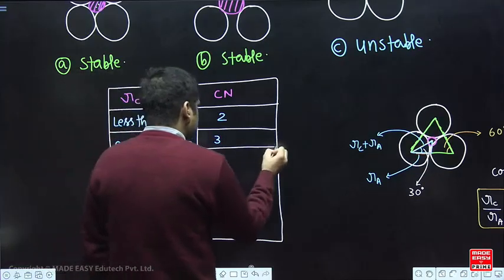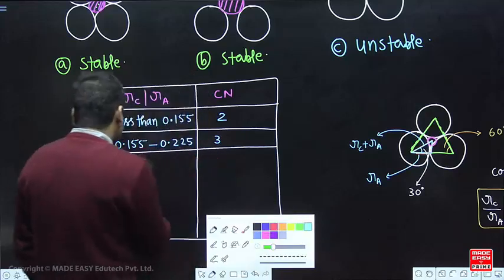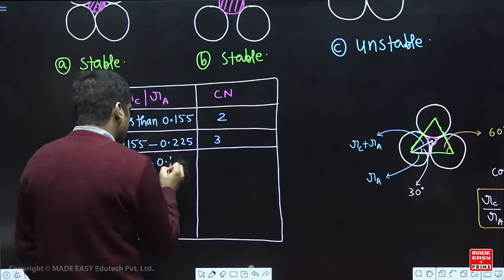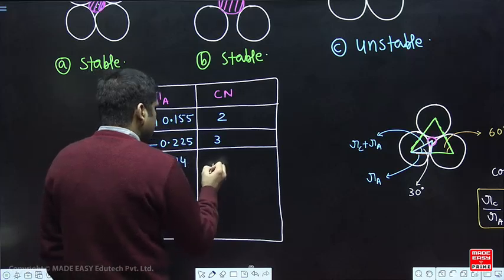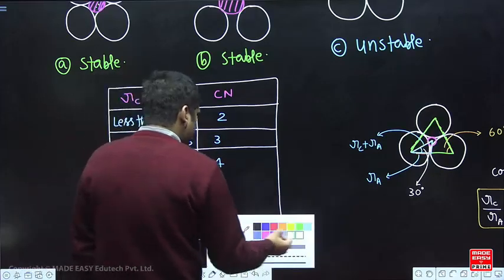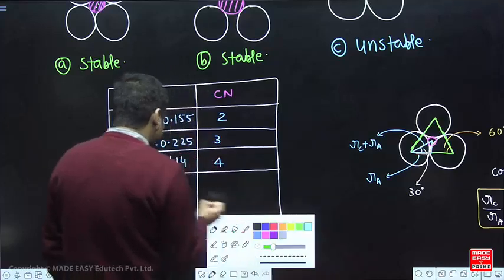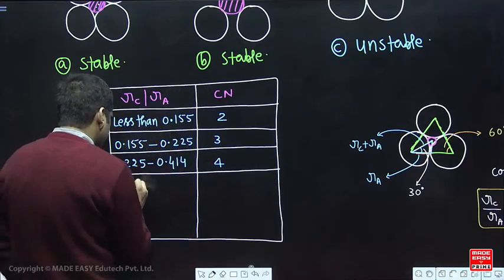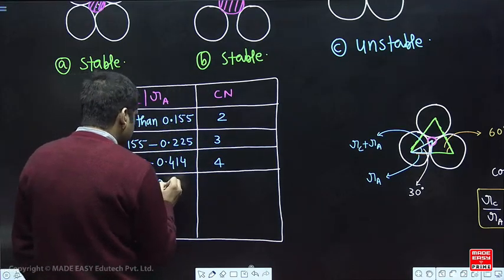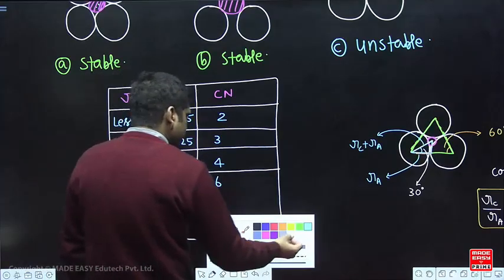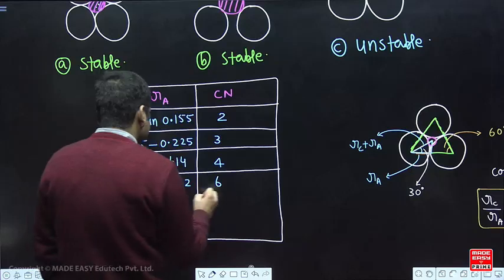If the radius ratio is 0.225 to 0.414, then the coordination number is 4. And if it is 0.414 to 0.732, then the coordination number is 6.